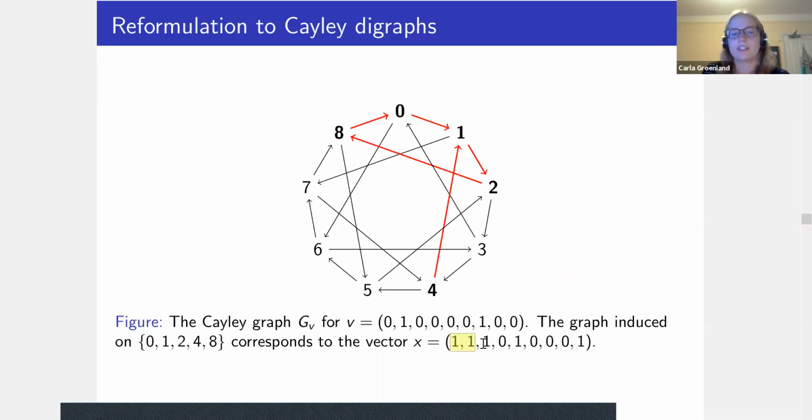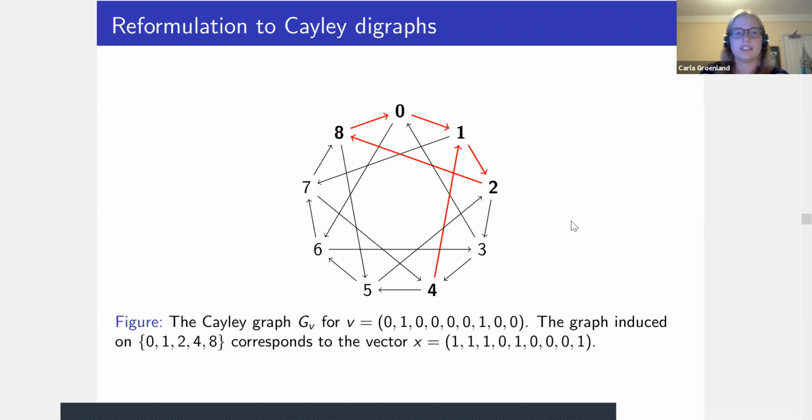So if we have a vector of this form, there's a 1 at position 0, so we put 0 in the subspace. And there's a 1 at position 1, so we put 1 in the subspace. But for example, the element 3 is not in the subspace because there's a 0. So we just look at the support of the vector x and then look at the graph induced on that. And that will be our induced subgraph.